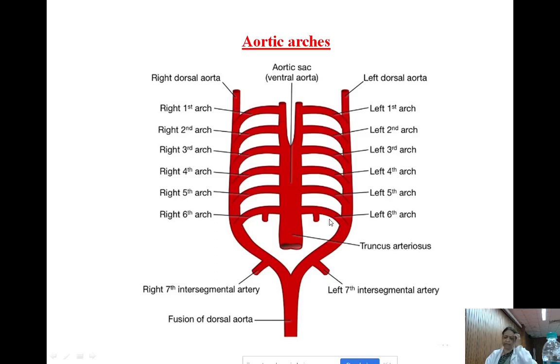So it is a symmetrical pattern, but during development, as the first and second arch arteries disappear, and similarly some other parts of this arterial arch area disappear, there will be an asymmetrical pattern. Initially it was symmetrical, but later on it becomes asymmetrical. We will come to that later on.